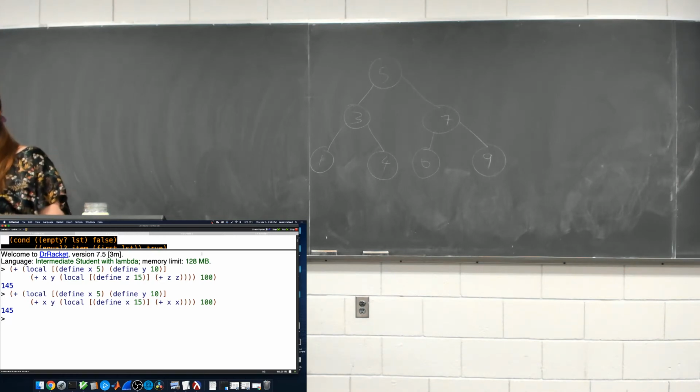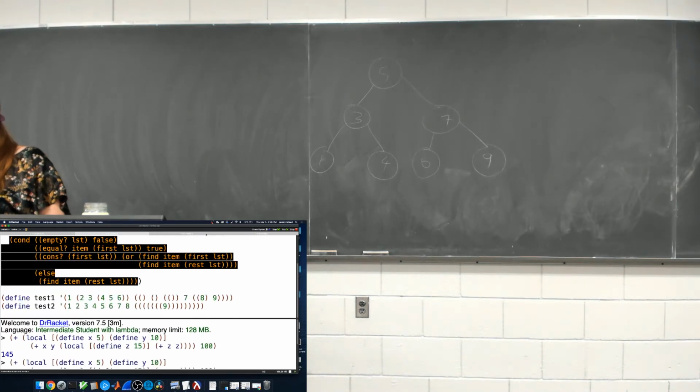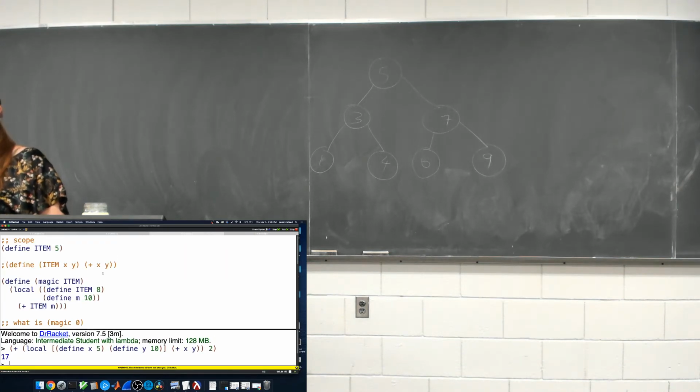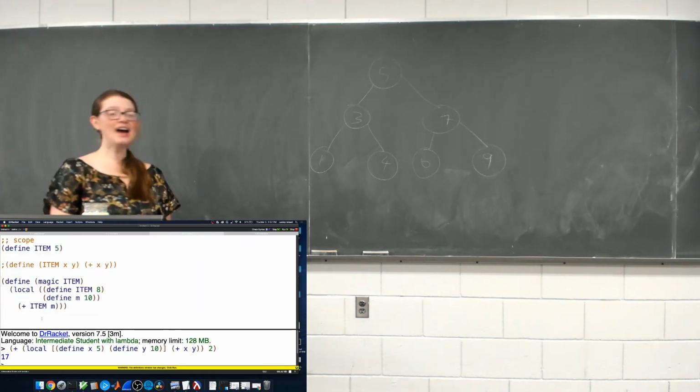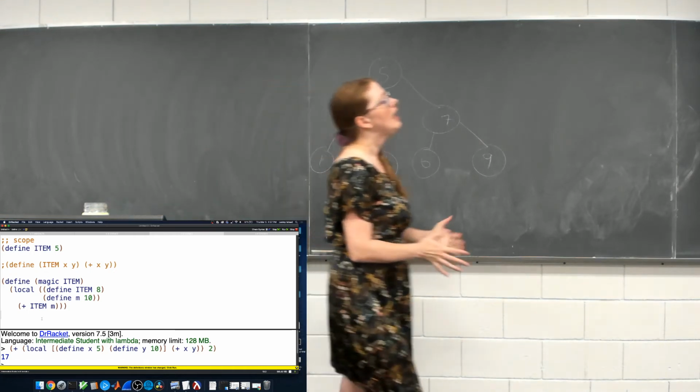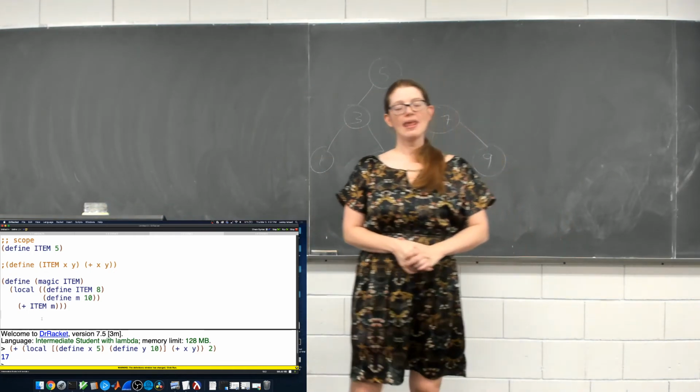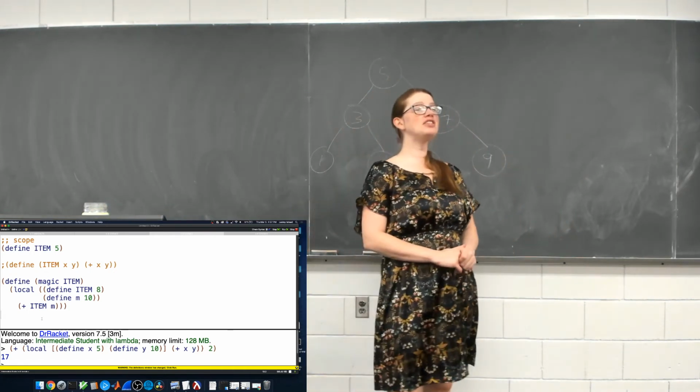So I'm going to go over to one of my files I've already done here. I'm actually going to erase everything below here and start again. All right, so I have this function magic. And I have a definition for a constant named item.